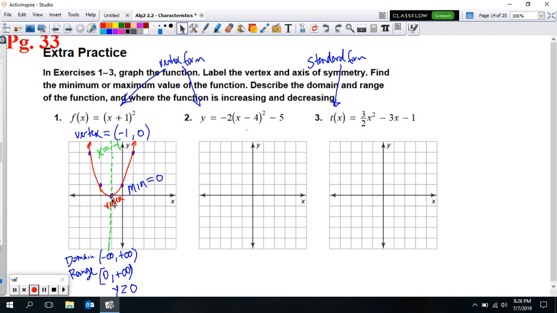It's going down. To the right, it is increasing. I'm going to put that in interval notation as well. We can do that as well. So if this one is decreasing, it's starting off at -infinity and coming down to -1. And then it's increasing. So where is it increasing? It is increasing from -1 up to +infinity.